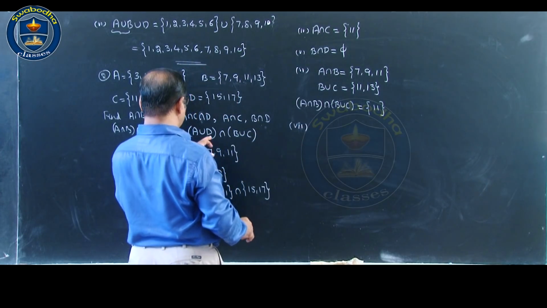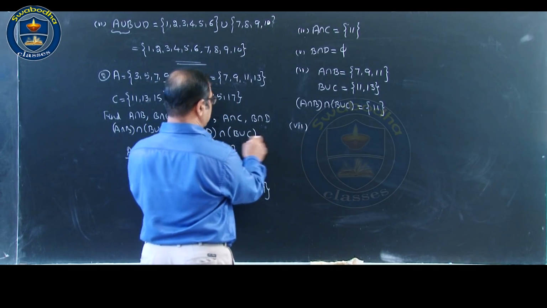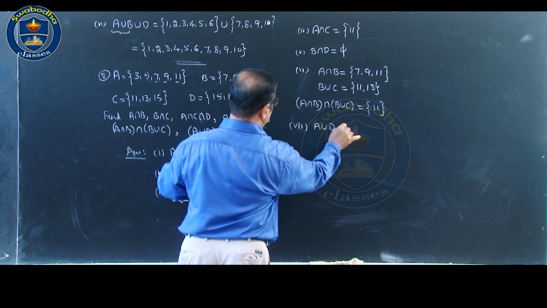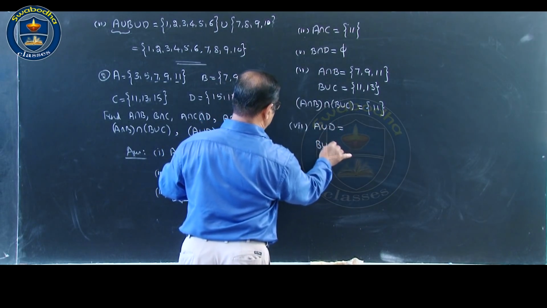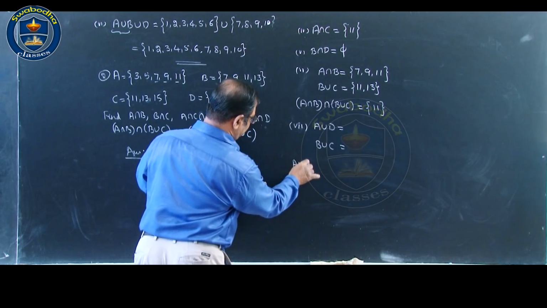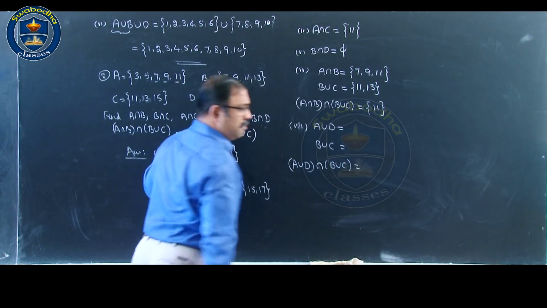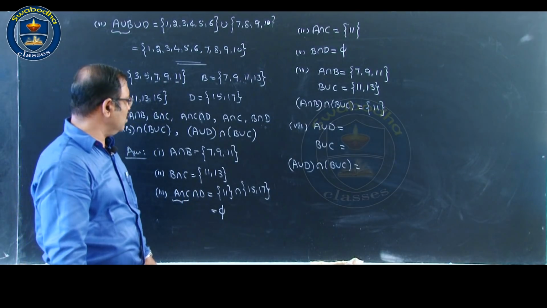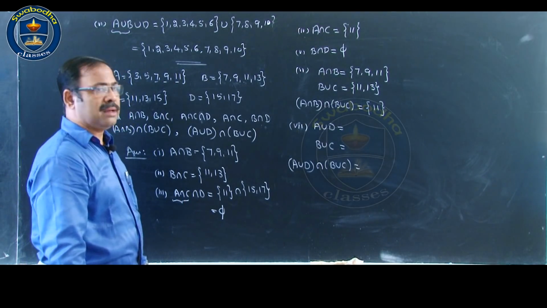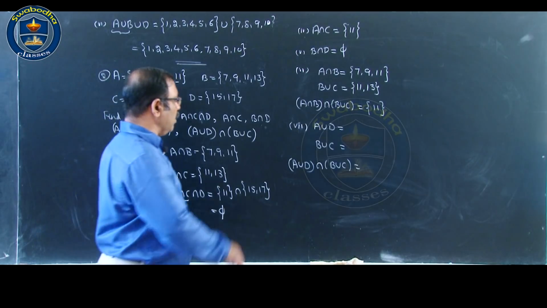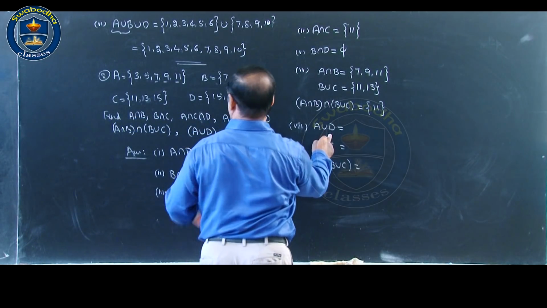Next, we go to A union D intersection B union C. Therefore, A union D intersection B union C. Now, what is A union D?